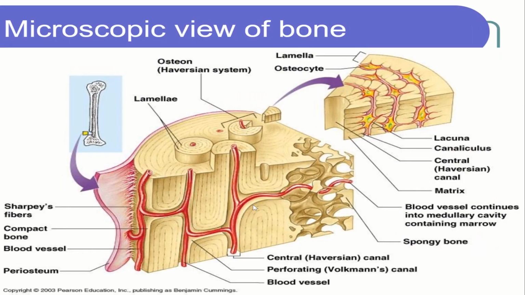And then if we move into a microscopic view, you can also see things like the osteocytes. The osteocytes are the actual cells that are building the bone tissue. So kind of similar in shape to what we remember about the melanocytes.